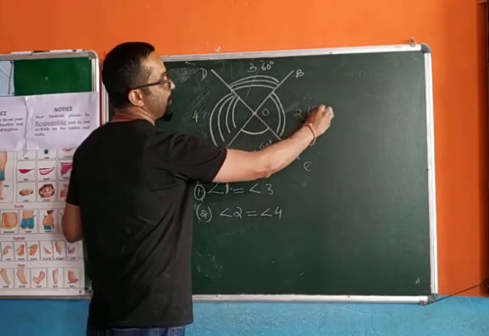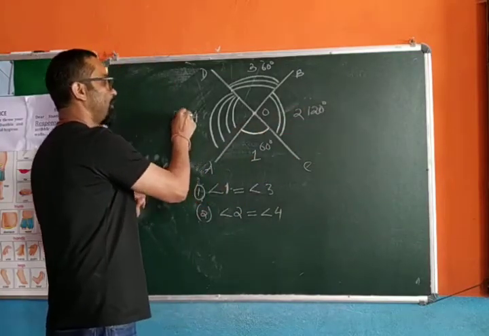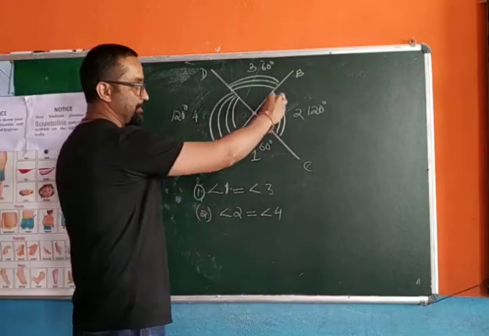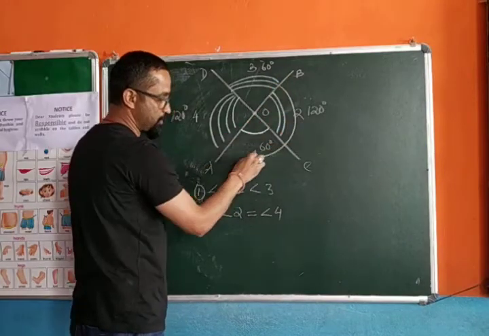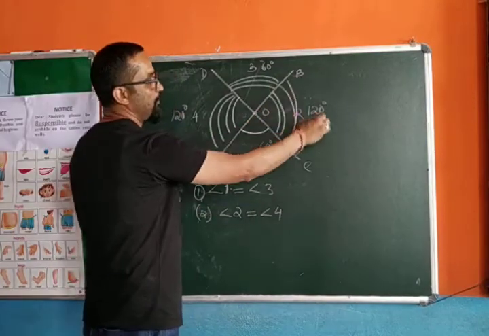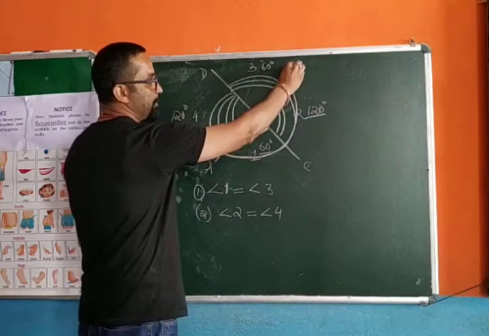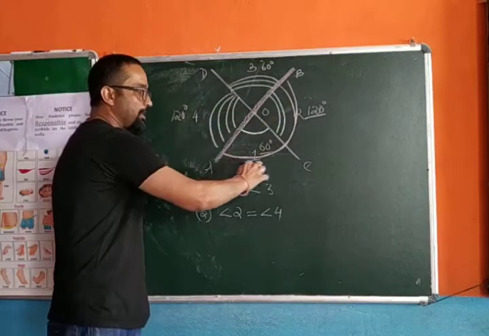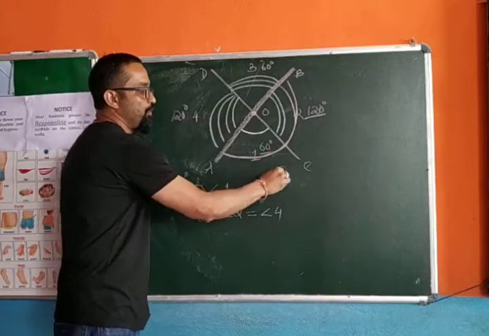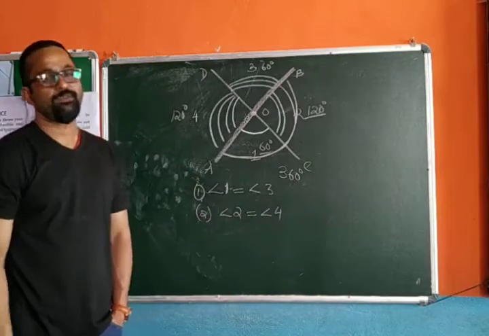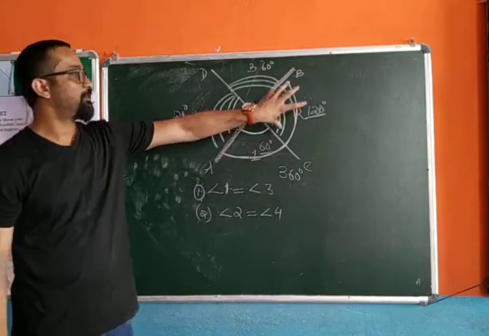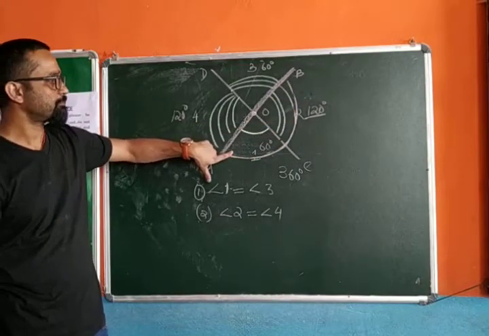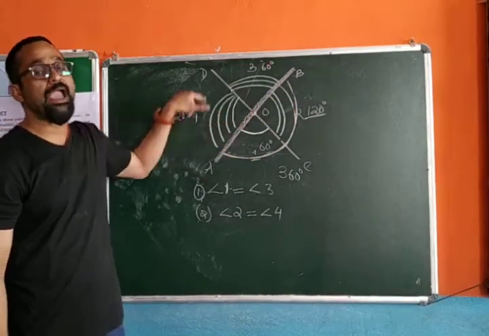If this is 120 degree, 4 will also be equal to 120 degree. And when we add angle 1 and 2, we get 180 degree because we have a straight line. When we add all these angles around O, we get 360 degree, which means angle around a point.